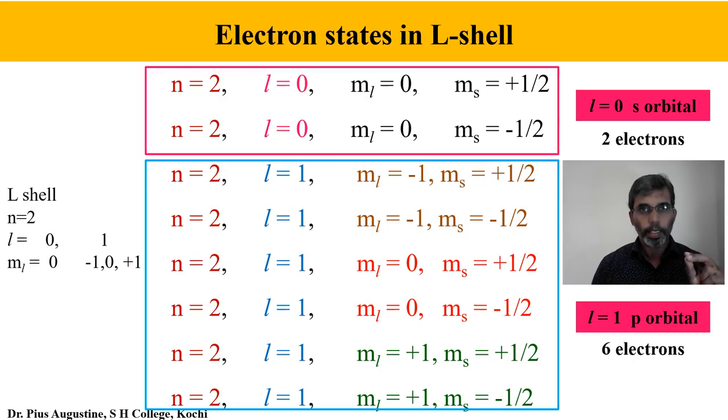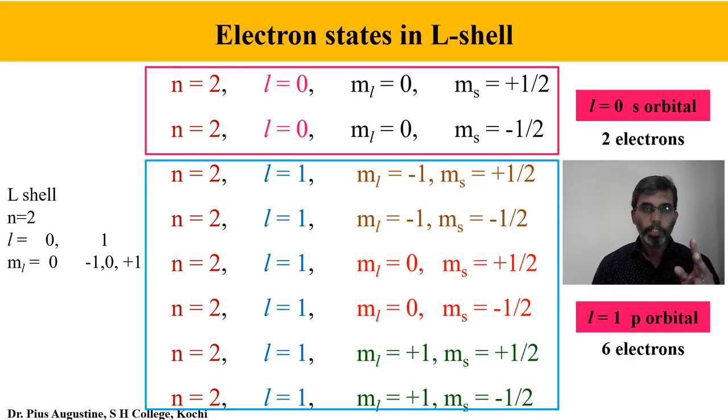The principal quantum number is again n is equal to 2, and orbital quantum number l is different, that is l is equal to 1, and the corresponding magnetic orbital quantum number ml can take values minus 1, 0 and plus 1. For ml is equal to minus 1, again there will be two states corresponding to ms plus half and ms minus half.